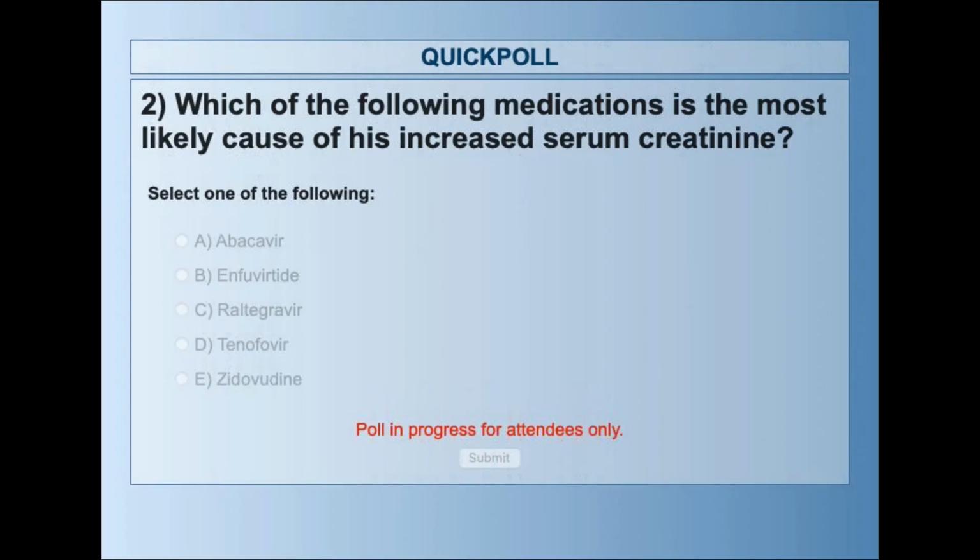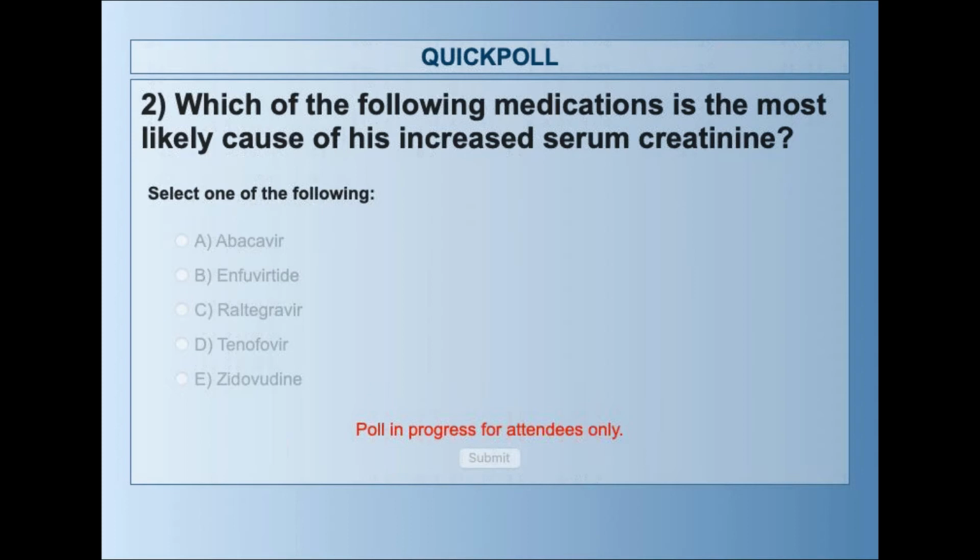Fantastic. So the poll is open. Go ahead and let us know what you think is the most likely cause of this patient's increased serum creatinine. Okay, looks like about half of you have voted.